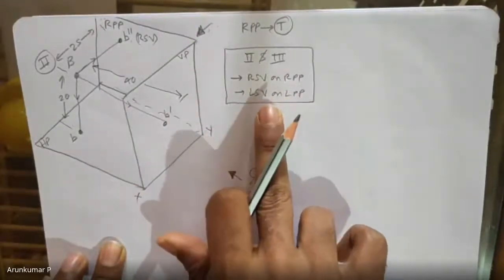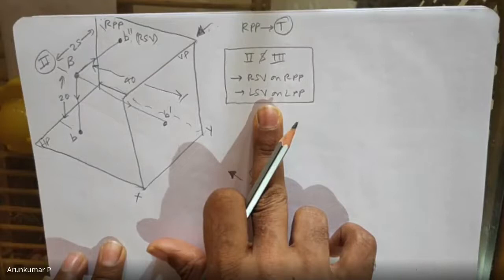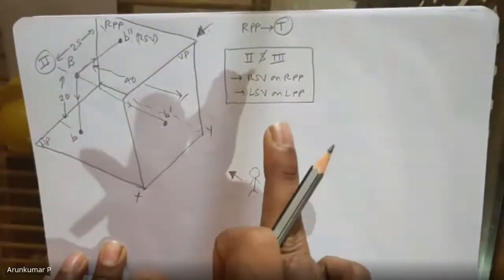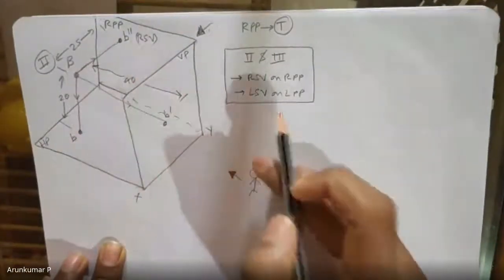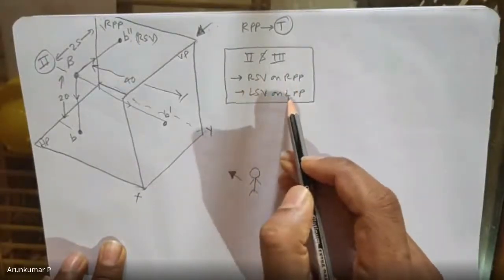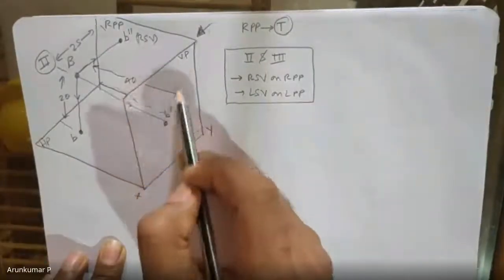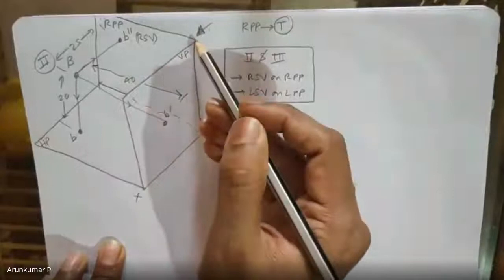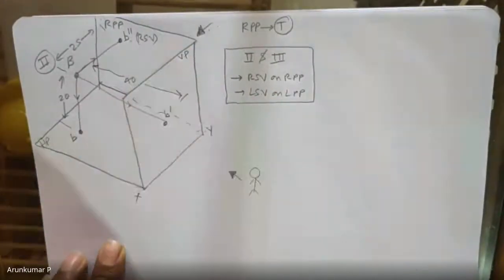This is the opposite of what we had seen in the first and the fourth quadrant. In the first and the fourth quadrant, you had left side view on right profile plane, right side view on left profile plane. Whereas here, you have right side view on right profile plane, left side view on left profile plane. So you have to make RPP transparent, look from the right side, and you will get the right side view on the right profile plane. So that is the idea here.